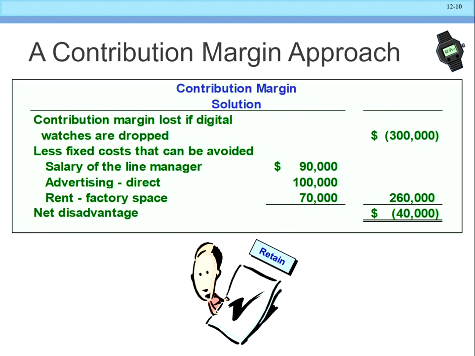Then, assuming that we will not undertake any business within the factory that we are renting, if we close the division we are going to be able to avoid the rent. So what happens now is we will lose 300,000, and we will save 260,000. What will be your take there? Should we close or should we leave open?